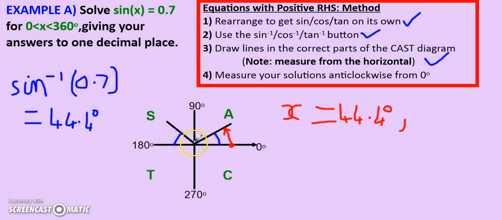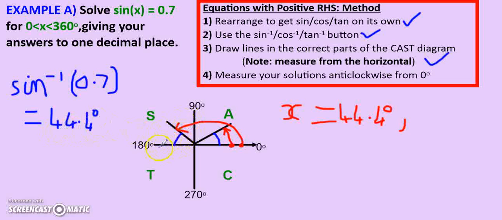But now we have to find the second place where that happens. So we start at 0 again, but now we measure around to the second line. And we have to think about what that angle is. Well, if we'd gone all the way down to the horizontal here, we'd have had 180. But we haven't. We've taken a little slice off. How big is that slice, that blue angle there? Well, it's 44.4, as we said earlier.